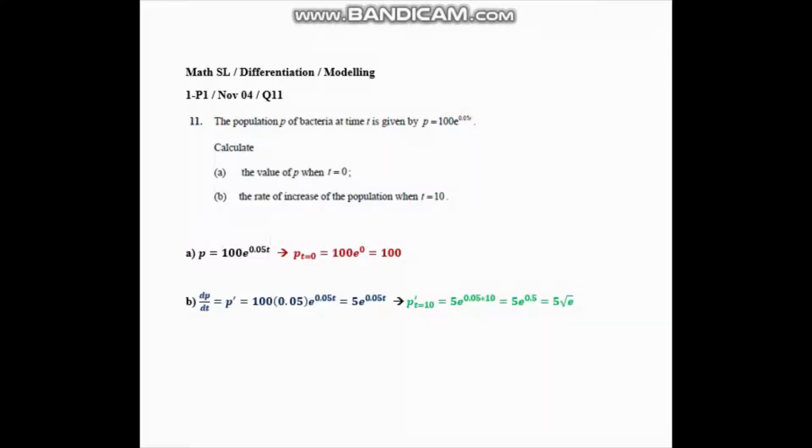Now in question B, you are required to find the rate of increase of the population when t equals 10. So rate of increase is always given by dP by dt, or dy by dx in general, and dP by dt is P dash, so I just need to differentiate this black equation right there.